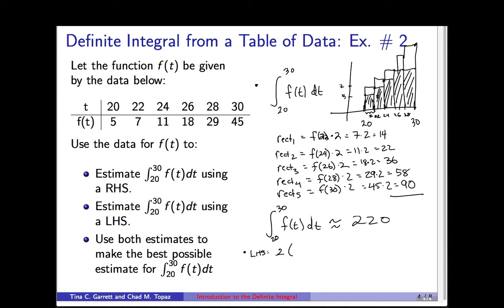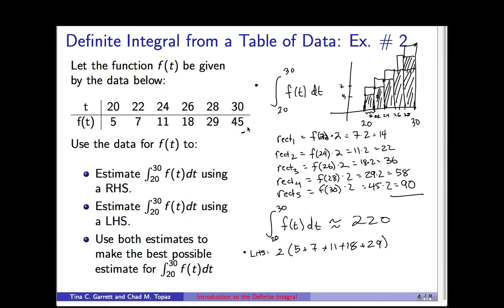And then we know the height of the first rectangle is 5. The height of the next rectangle is 7. The height of the next one is 11. The fourth one is 18. And in fact, the fifth rectangle has height 29.